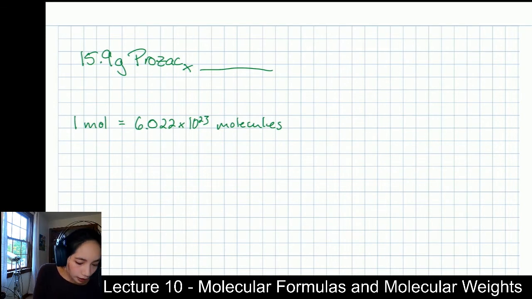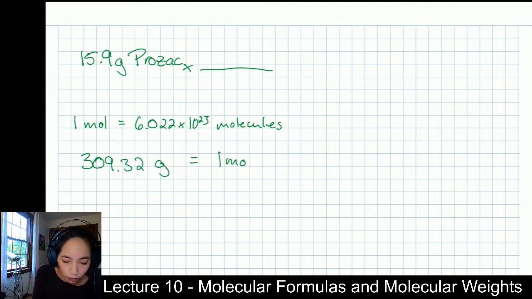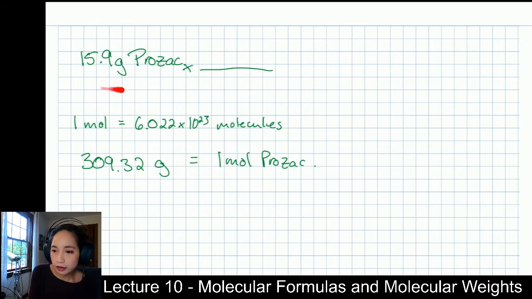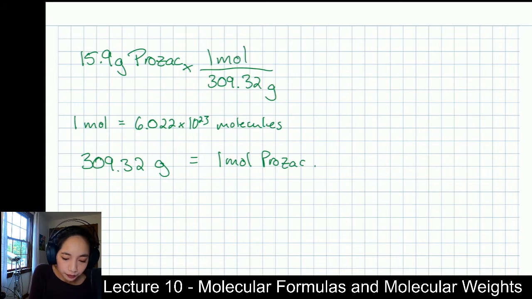And we got that, it's 309.32 grams of Prozac equals 1 mole Prozac. So right now I'm starting with the number that the question gave us, and that's 15.9 grams. So you see here all of the equalities that I have. There's only one that has the unit of grams, so I'm going to put that on the bottom. 309.32 grams. That's equal to 1 mole of Prozac.